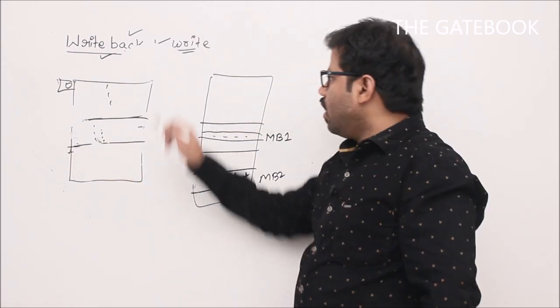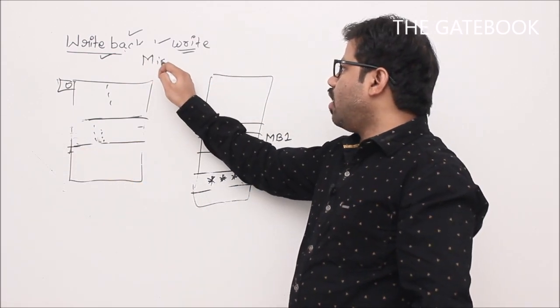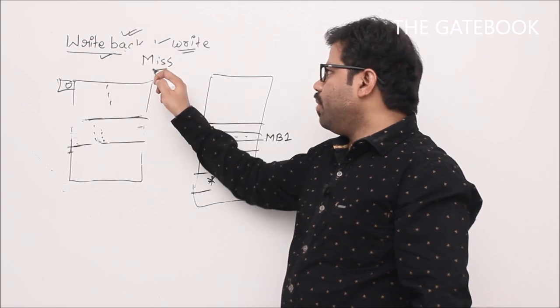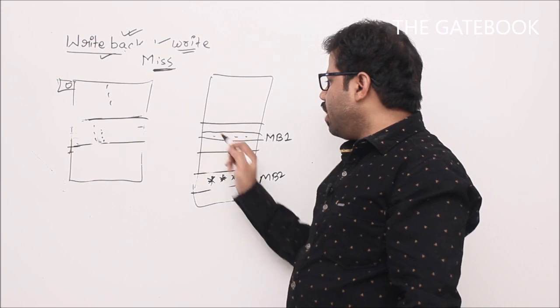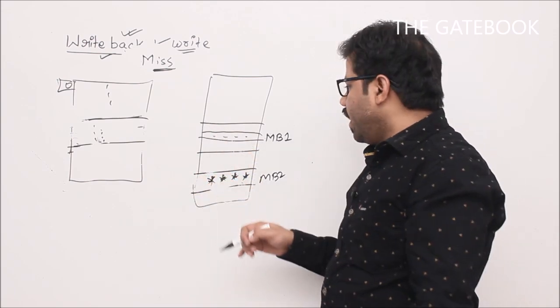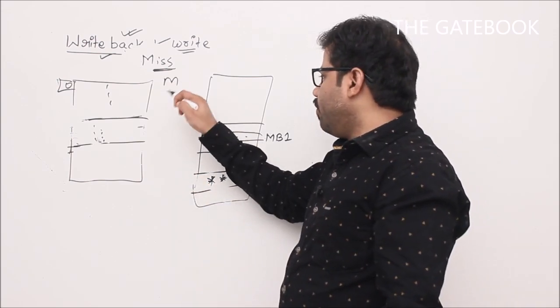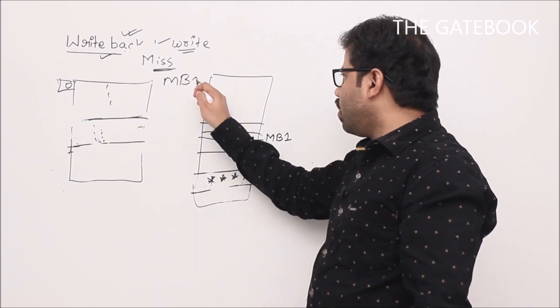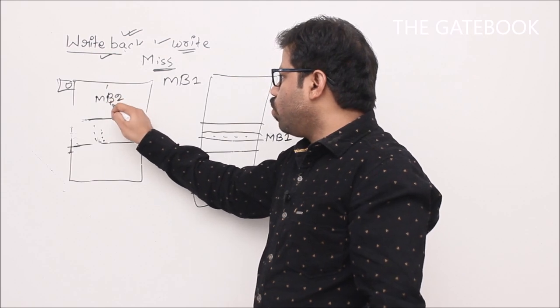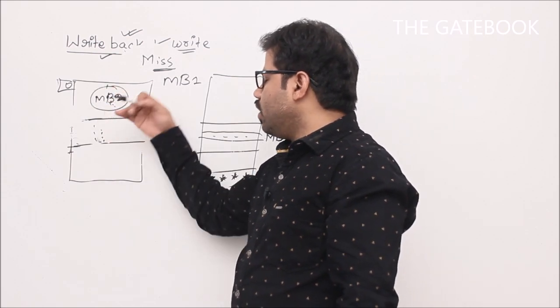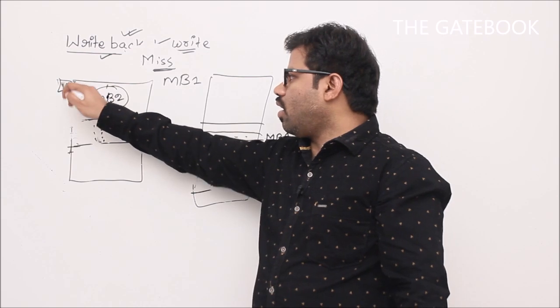Remember it. Now let's say I'm talking about a particular case, write back on a miss. Whenever a cache miss occurs, generally we go to the main memory and definitely have to fetch it, right? Example, let's say we are looking for main memory block 1, which is not available, but currently this is main memory block 2, which throughout its journey did not get updated.